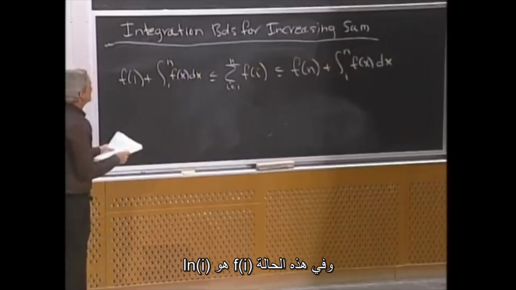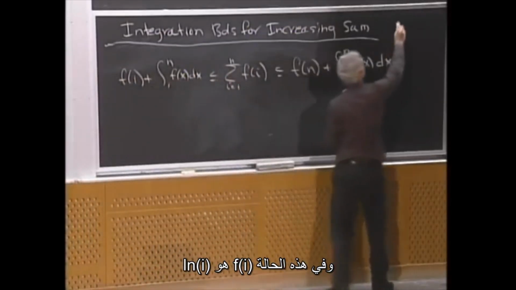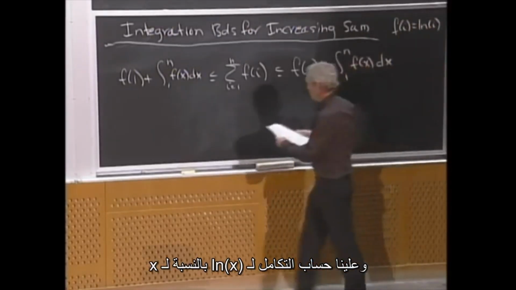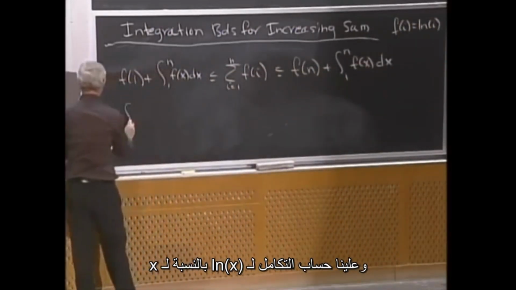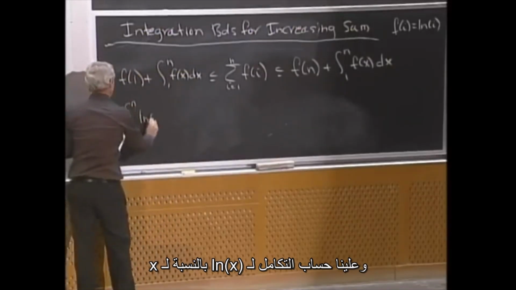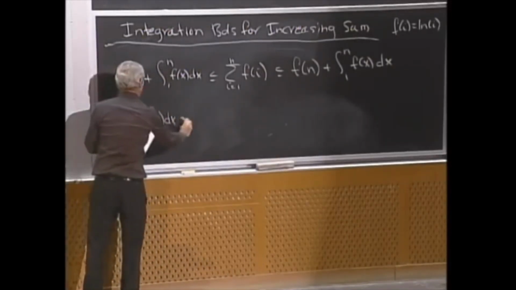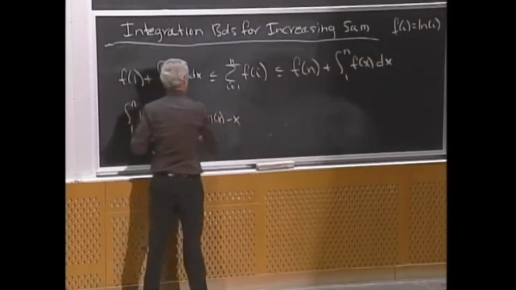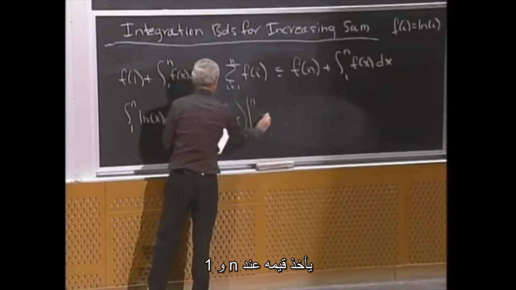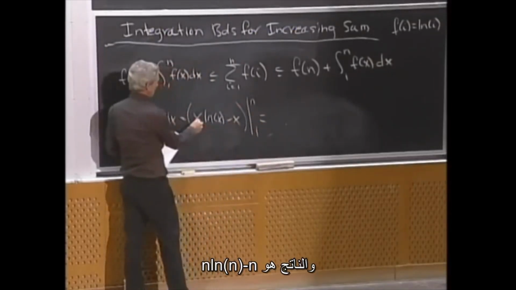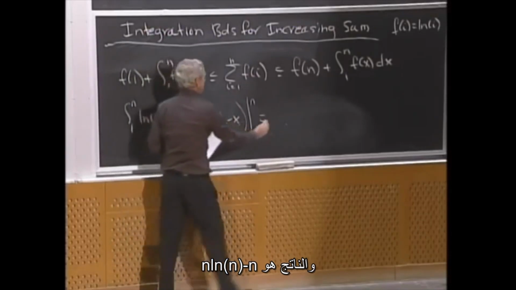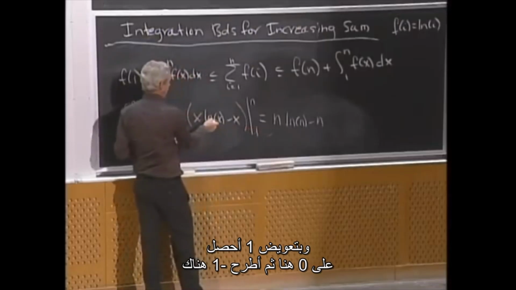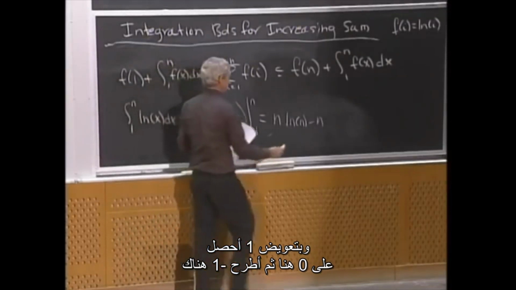All right, now in this case, f of i is the log of i. And so we need to compute the integral of log of x. And that's easy. That's x ln of x minus x, evaluated at n and 1. And that's just n log of n minus n. If I plug in 1, I get a 0 here, and I'm subtracting negative 1 there.